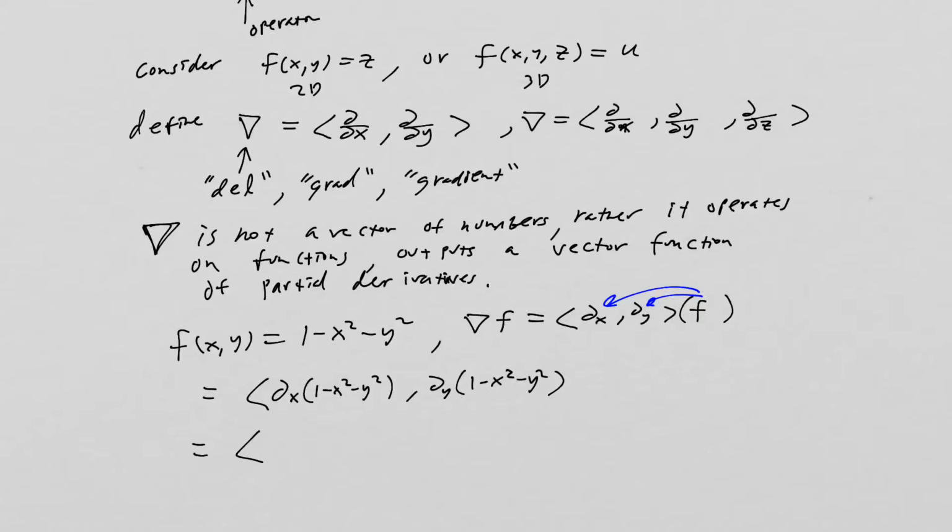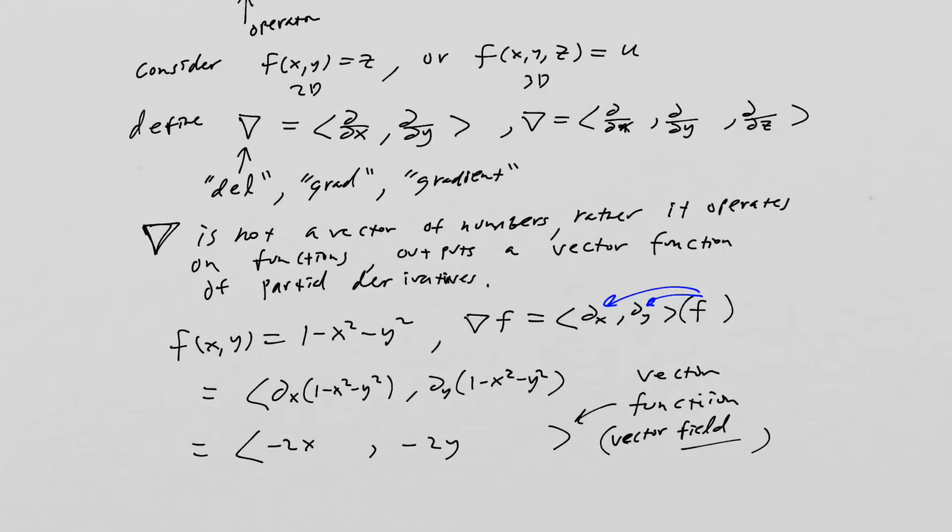Of course, we know how to take those derivatives, and we find that it's -2x and -2y. All right, so now this is a vector function. They also call this a vector field, but that's a topic for a different day. We'll study that more extensively some other time.